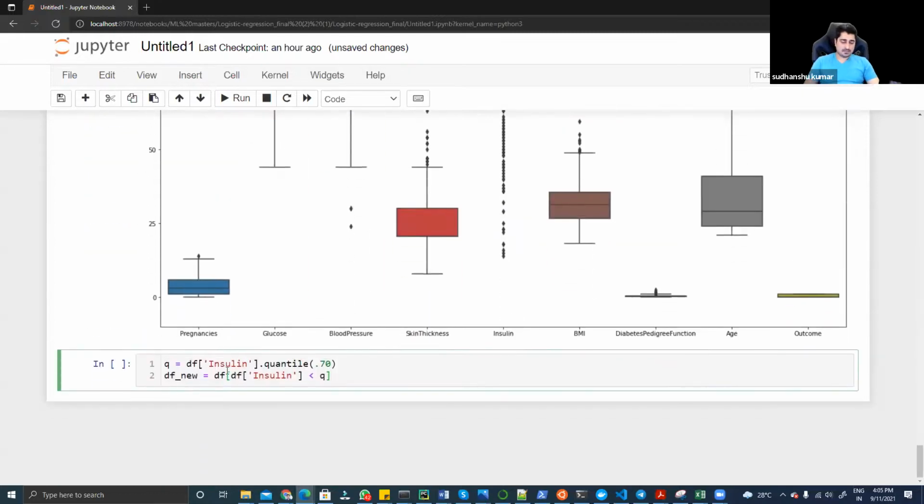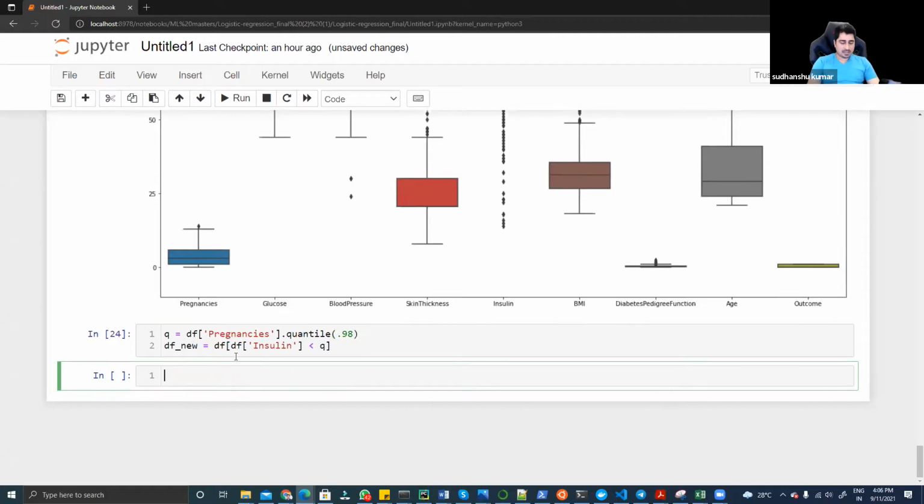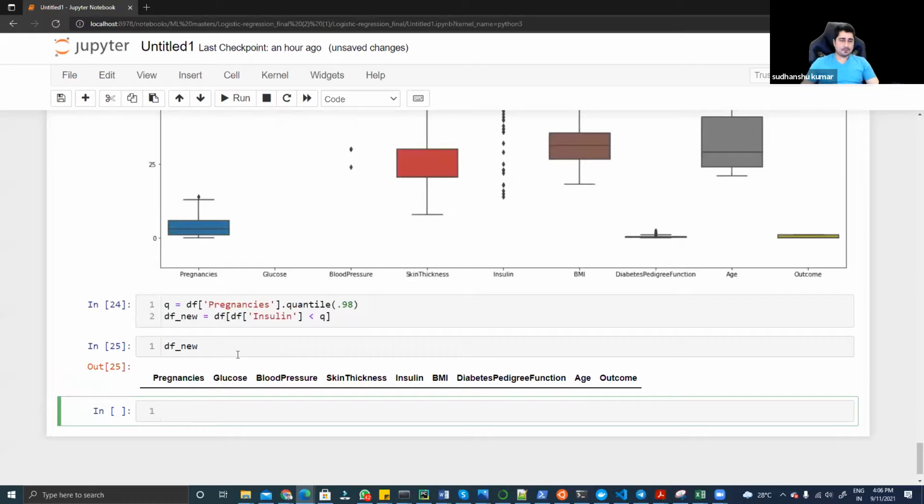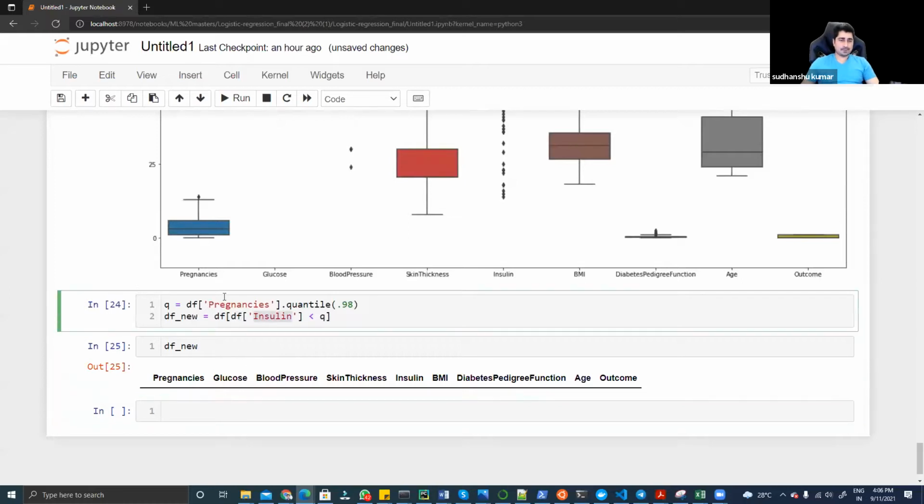So here, let's suppose I write the pregnancies column, and as per our previous experiment, I can try to keep 98% of the data set from the pregnancies column. Sorry, not lose 98%, keeping 98%, losing 2% over here. Okay, so now if I show you df_new.